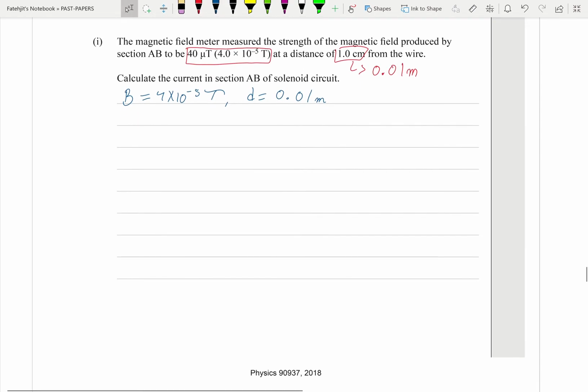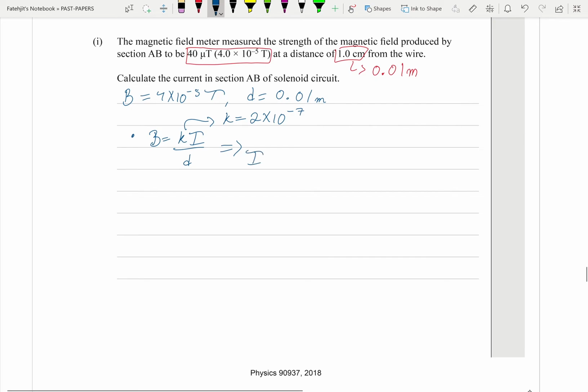Cool. So looking at the formula sheet, we can see that there is the equation B equals K I over D, and the K is just a constant, which is given to you at 2 times 10 to the power of negative 7. Cool.